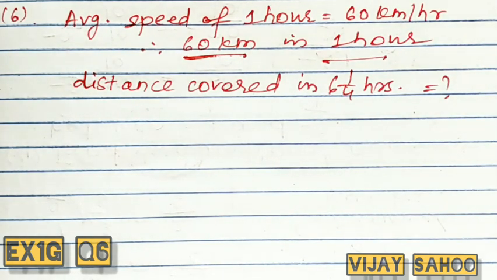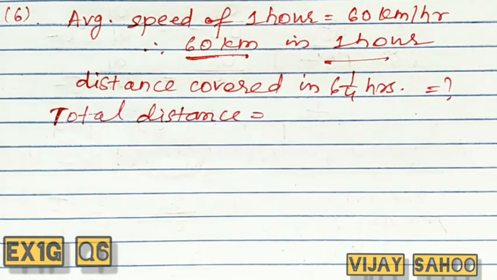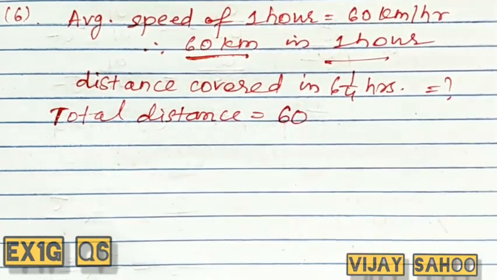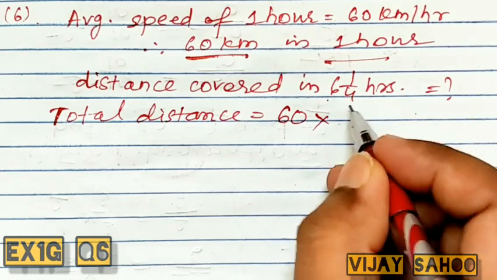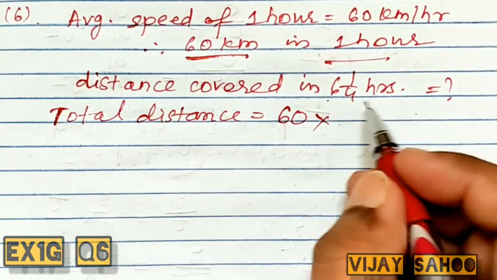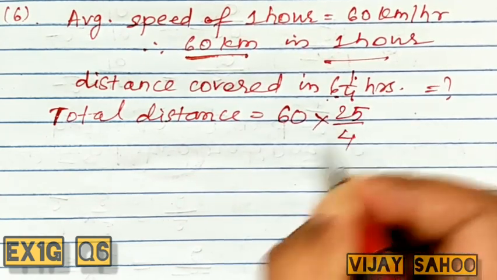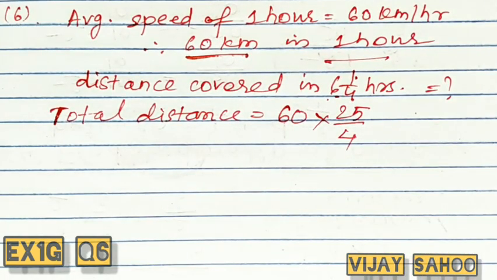So distance covered by car in 6 1/4 hours. So total distance is equal to 60 kilometer, we know it, we know that 6 1 by 4. It means if I convert it, 6 4s are 24 plus 1, that is 25 by 4. So now what will we consider here?